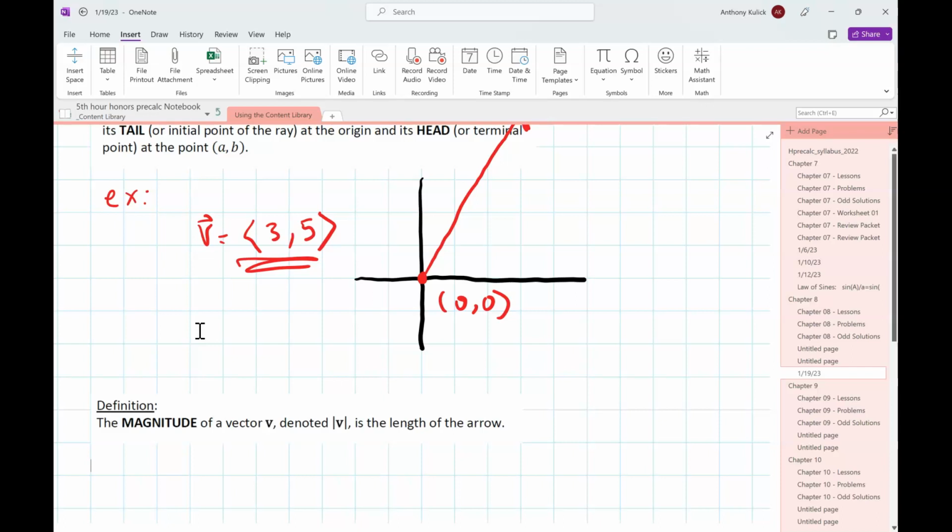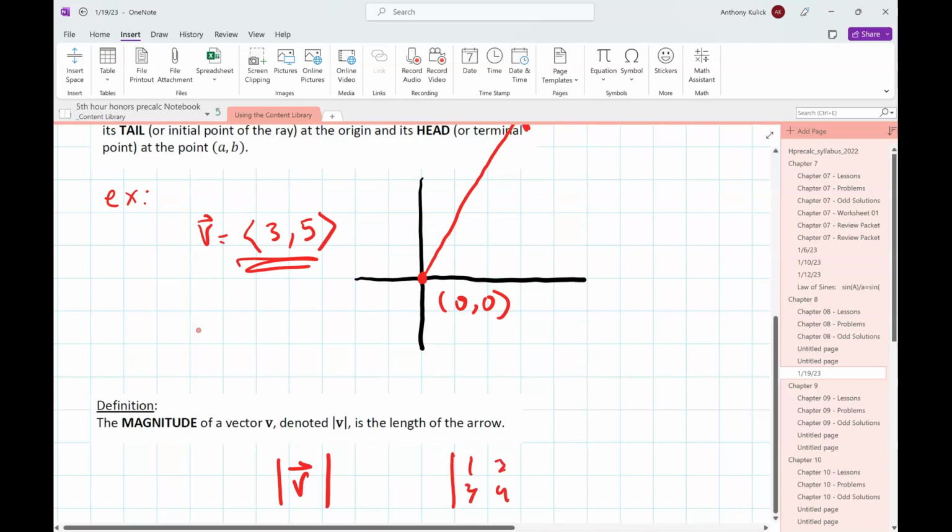How can I tell from the symbols just which one of those the vertical bars are representing? It depends on the thing that's on the inside of it, right? If the vertical bars are around a vector, we're talking about magnitude. If it's around a matrix, we're talking about a determinant.